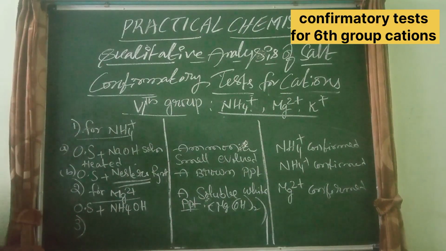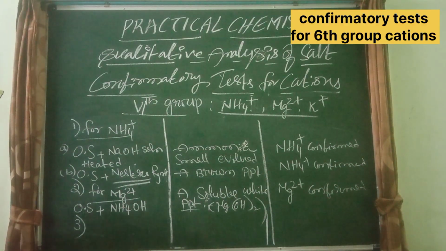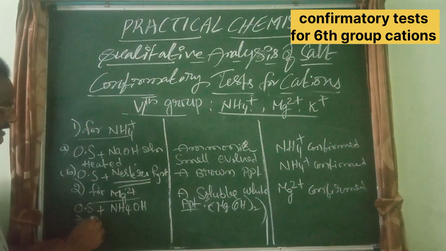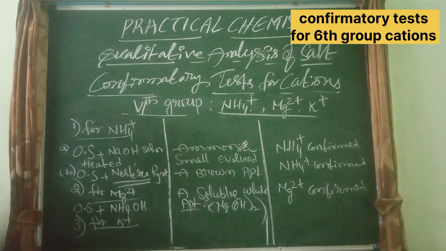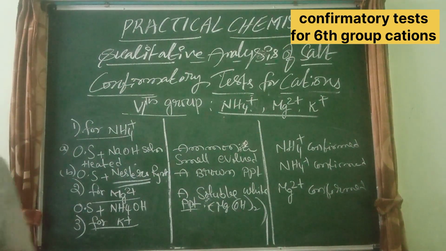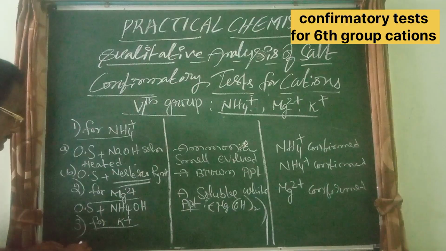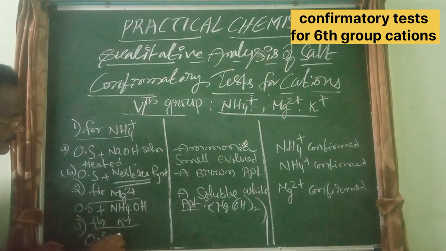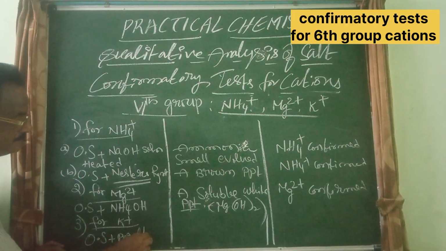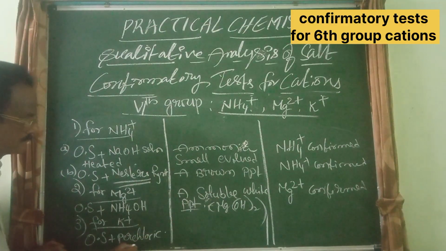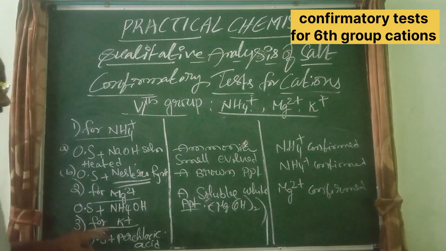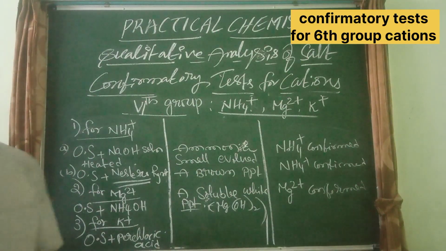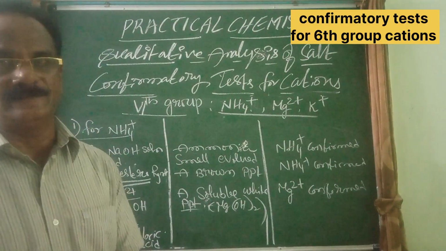Number 3, the last cation of the analysis. This is also a 6th group cation, but it is very rare in laboratories. For K+, it can be confirmed by adding perchloric acid to the original solution.